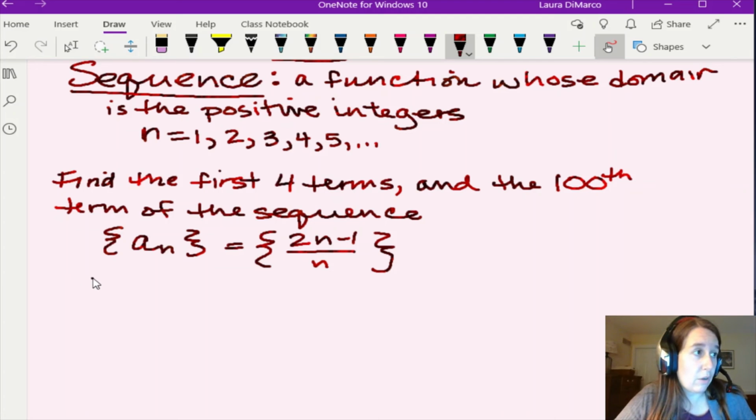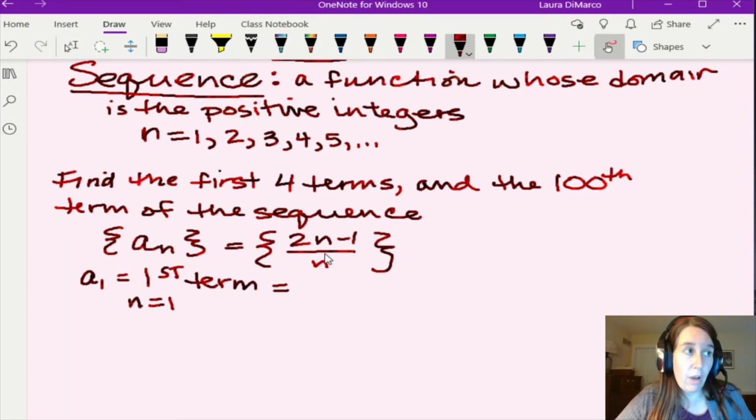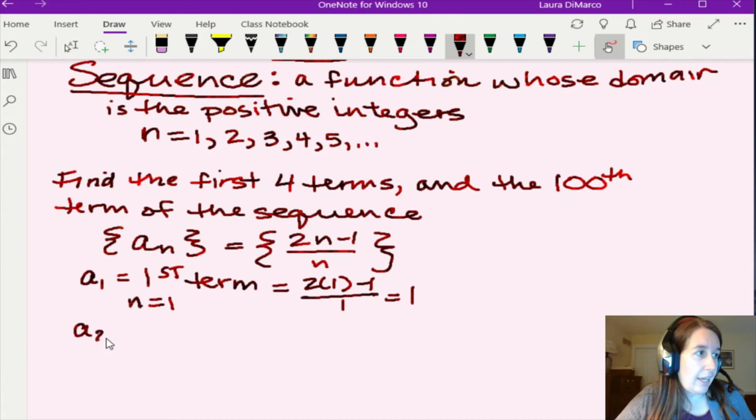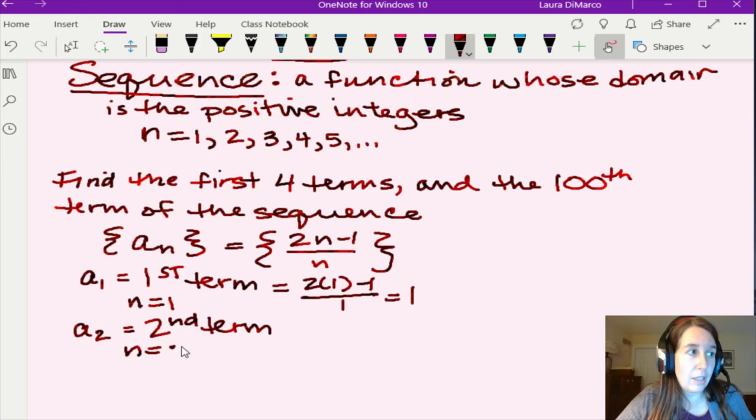All right, so for us to find the first 4 terms, we need to find the first term, okay? A sub 1 is the first term in a sequence, which means that n equals 1. So all we have to do here is plug in 1 to our formula. So 2 times 1 minus 1 over 1. That looks like 1 over 1, just 1. A sub 2 is the second term in our sequence, and that means that n is equal to 2.